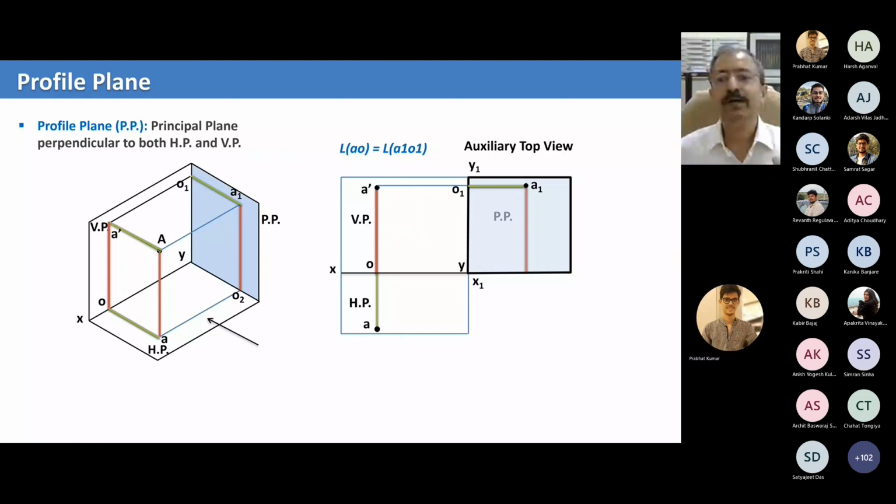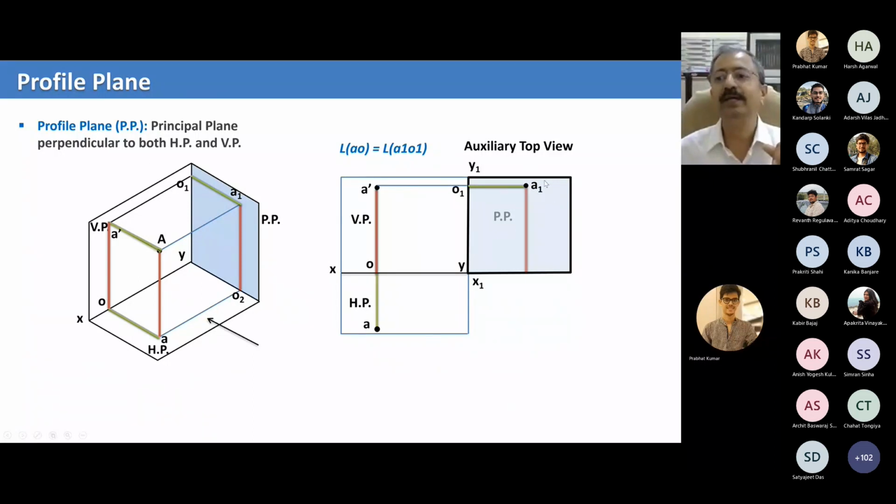Now you want to look at the projection of the point A on the profile plane, which is the auxiliary inclined plane at 90 degrees. So what do you do? You draw a line from A dash through O1 dash, project it, and mark the point A1 so that O1 A1 is equal to OA.